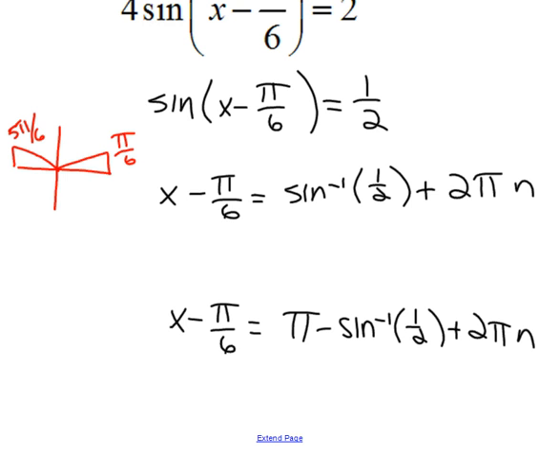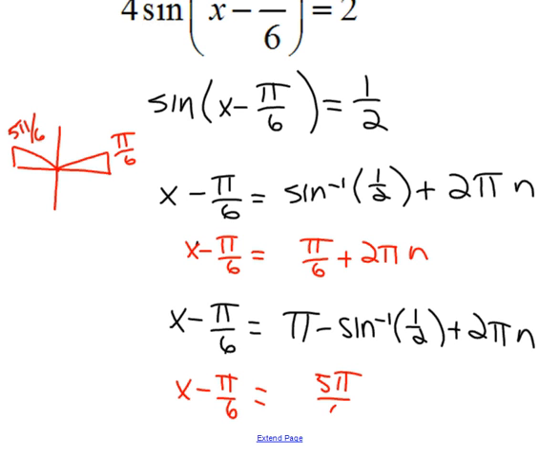So when I plug them in, here I have x minus pi over 6 is pi over 6 plus 2 pi n, and x minus pi over 6 is pi minus pi over 6, which is 5 pi over 6, plus 2 pi n.